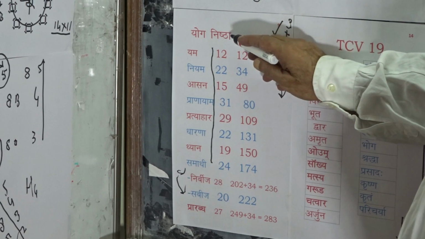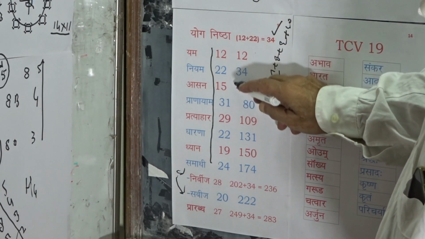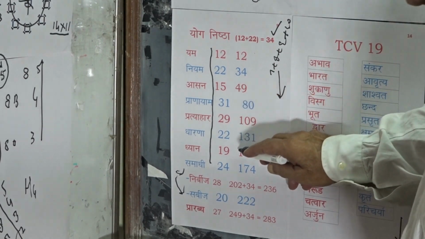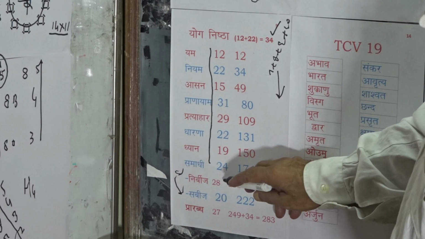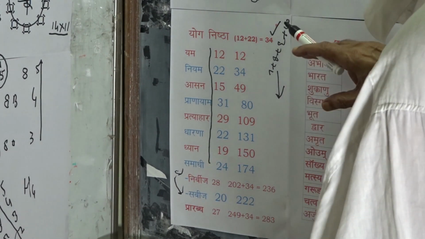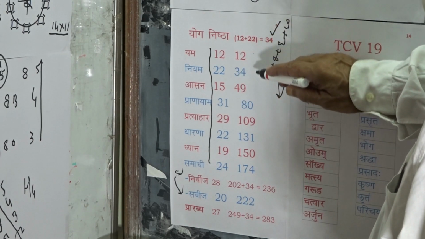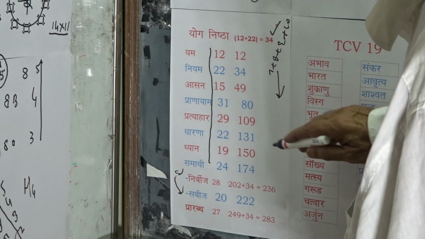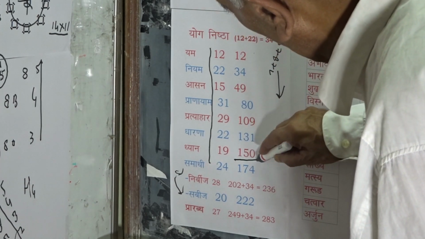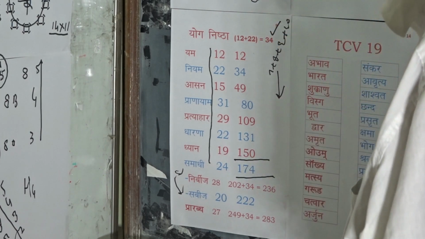These formulations are taking us to values 12, 22, 15, 31, 29, 22, 19, 24, then 28, and going to be the 20. See, these values on its tabulation will take us up till the Dhyan, up till value 150, up till Samadhi of value 174.